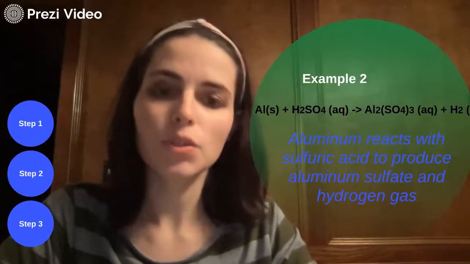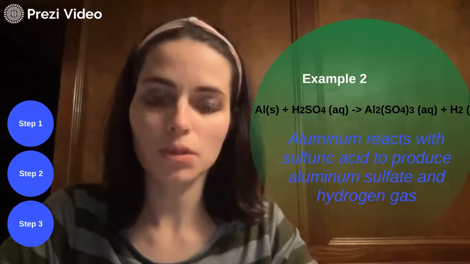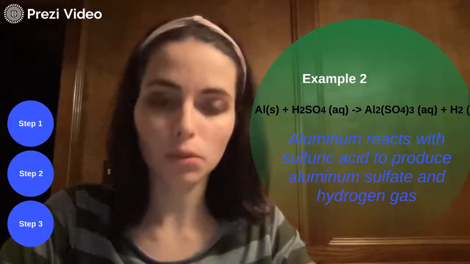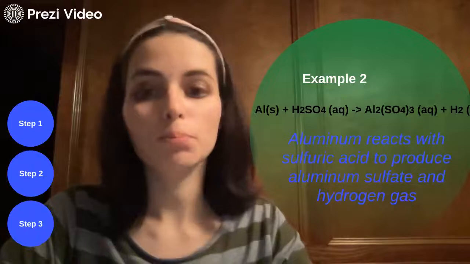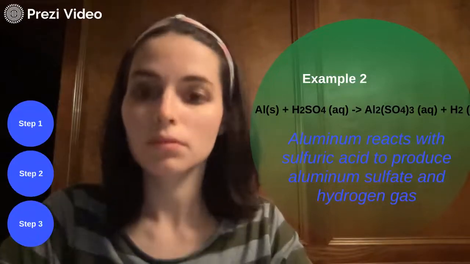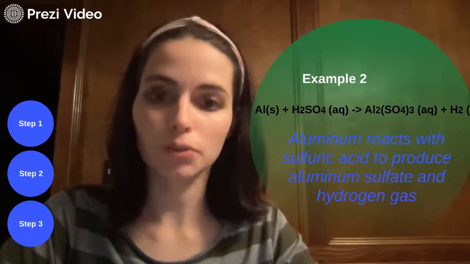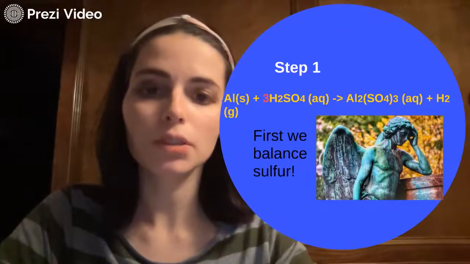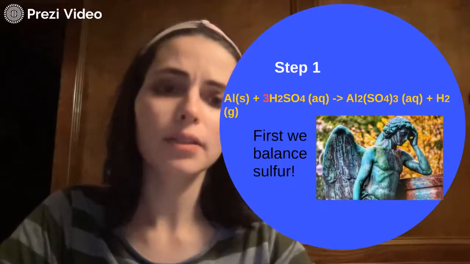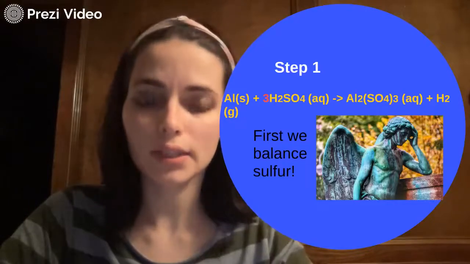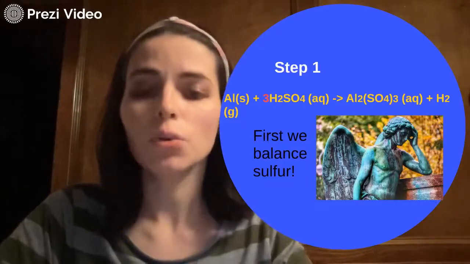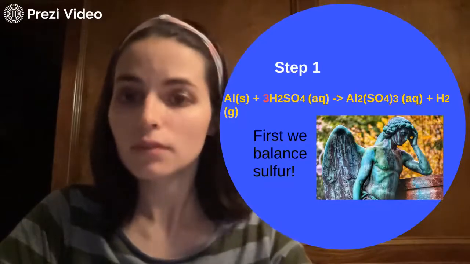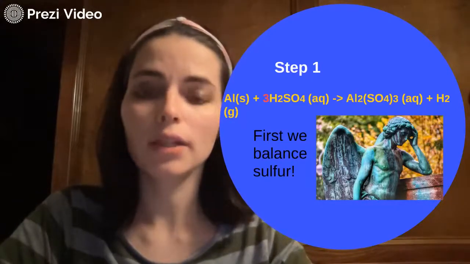Since the most complex substances here are sulfuric acid and aluminum sulfate, and they both have sulfur, I will start with sulfur. Since we have 3 sulfurs on the right side and just 1 on the left, we add a coefficient of 3 to sulfuric acid.